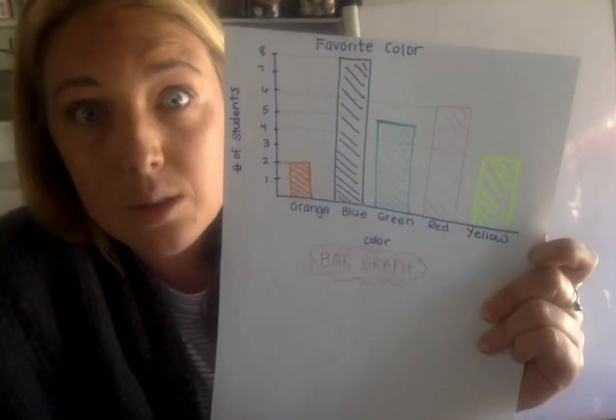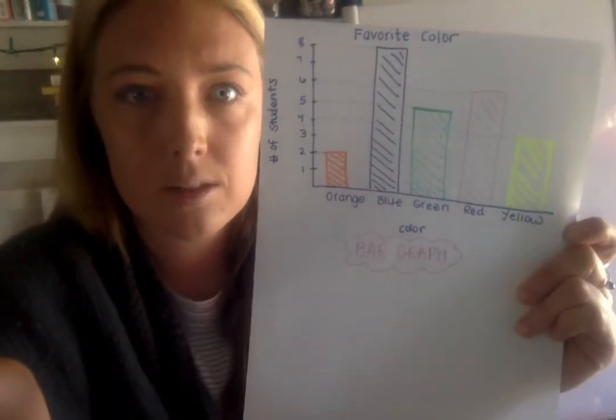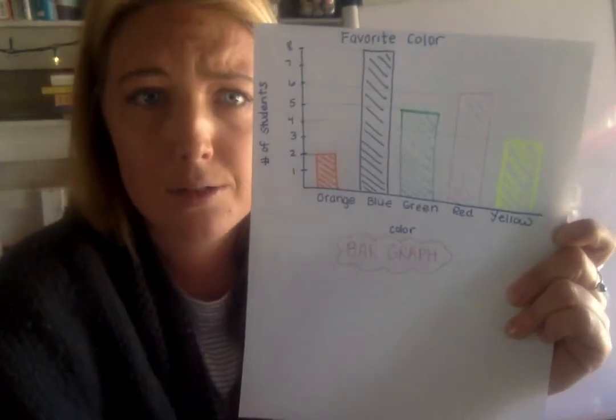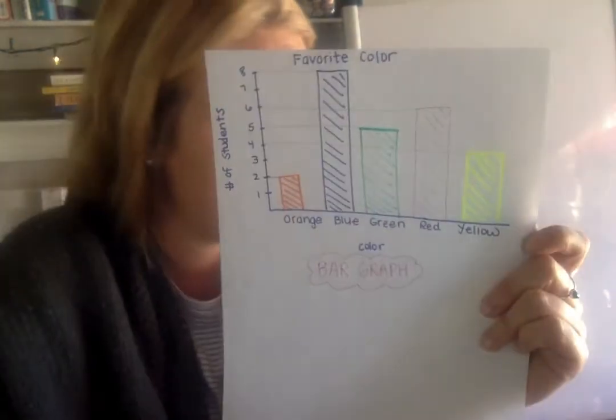Then the last question is, just by looking at this, how many students are in my class total? To find out, like I just did, I can add up all the different data points from my bar graph.